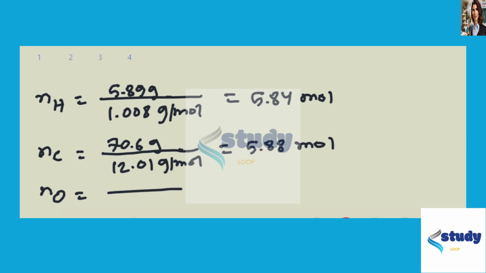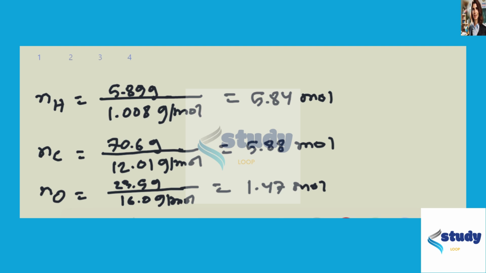The mass of oxygen is given as 23.5%, so we'll consider it as 23.5 gram over the molar mass of oxygen, which is 16 gram per mole. So from here we can find the number of mole as 1.47 mole. So this way we can find the number of mole of each hydrogen, carbon, and oxygen.